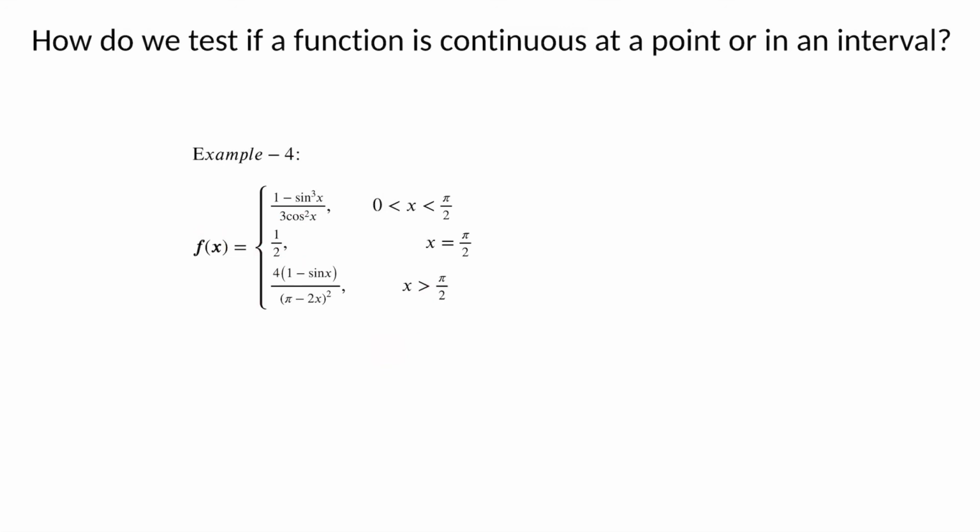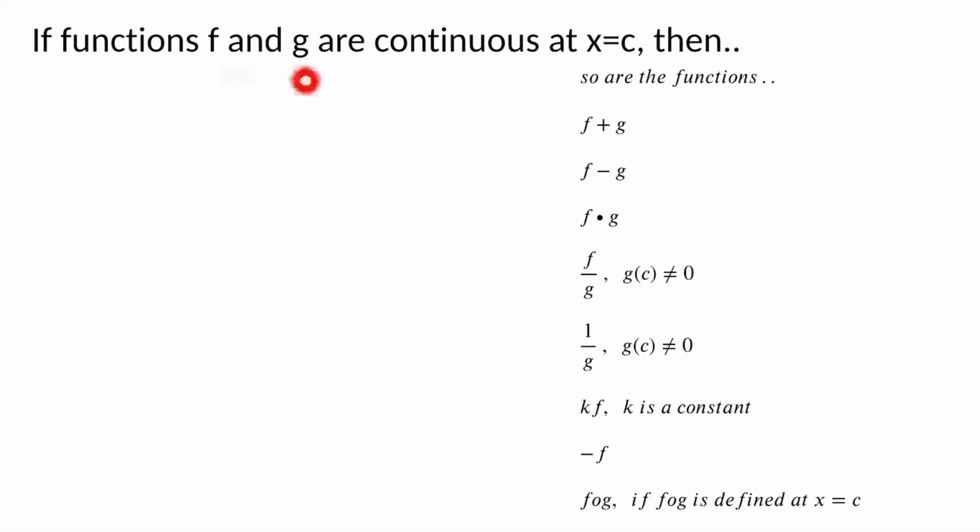And finally, to wrap up this topic on continuity, let us revise once again that if two functions f and g are continuous at a particular point c in their domain, then so would be the functions f plus g, f minus g, f multiplied by g, f divided by g, provided the value of g at c is not 0, and 1 divided by g, provided again that the denominator is not 0 at x equal to c.